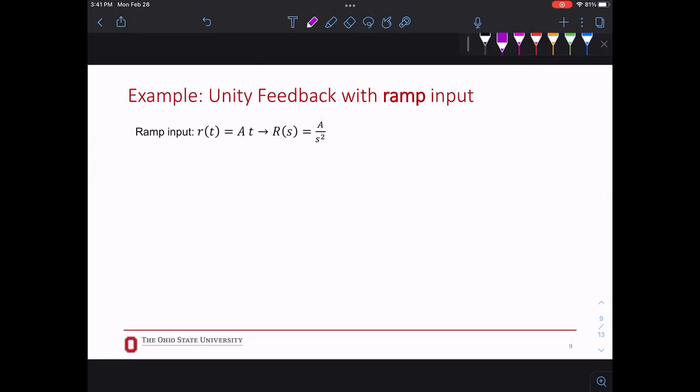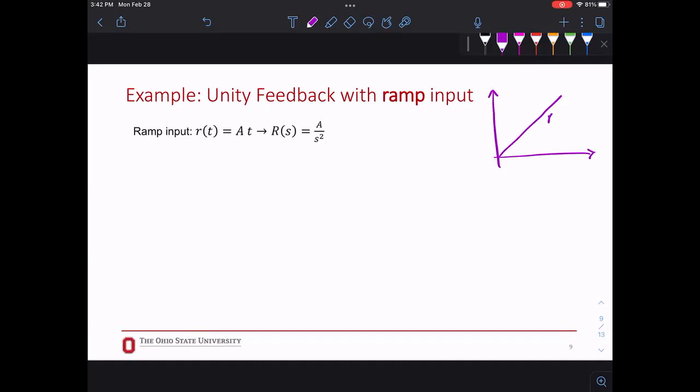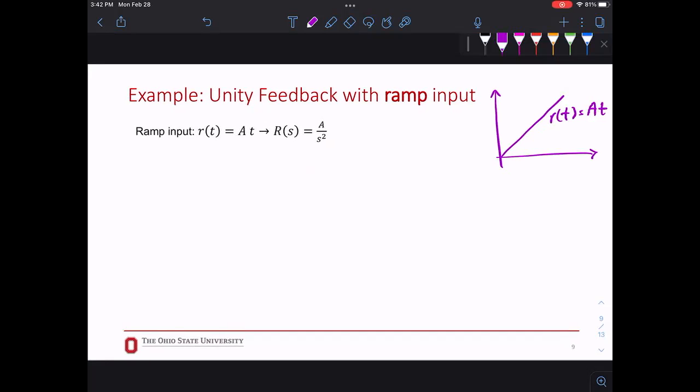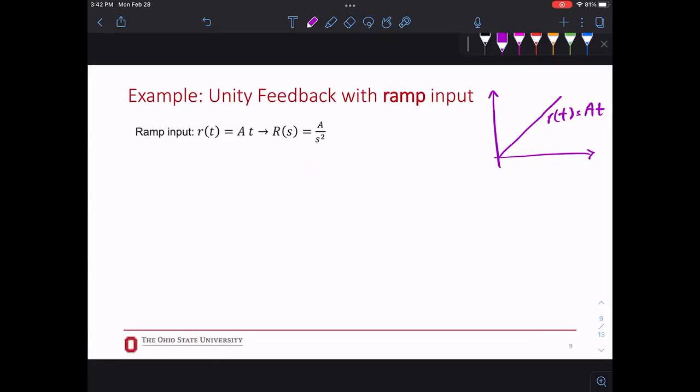Maybe I did. Okay. So a ramp input in time domain is a line that shoots up, right? So your R of t is A times t, where A is again your gain. We are still using the same unity feedback system. I didn't draw it, it was the same block diagram as before.